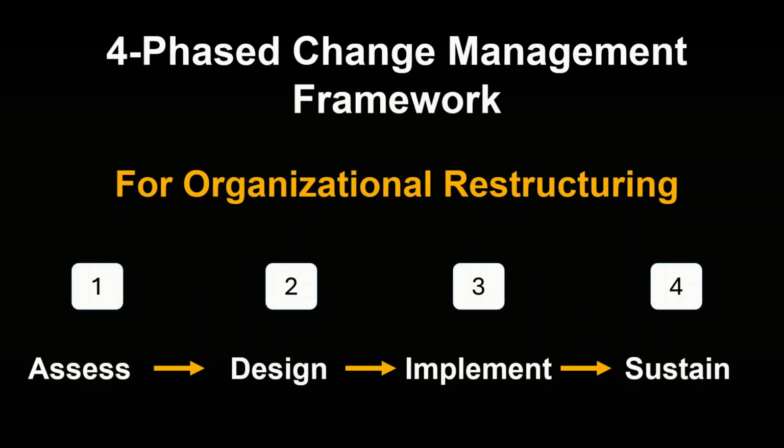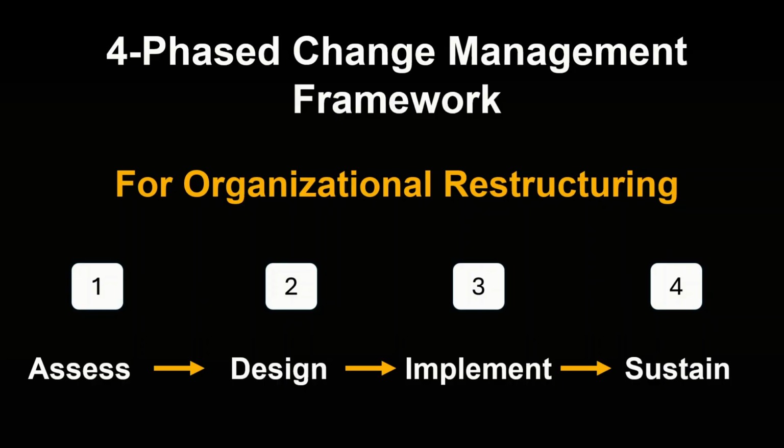Phase one of the four-phase change management framework for you to apply for your organizational restructuring is what we call the assess phase. The second phase is the design, where you design your change management deliverables and materials. And then phase three is where you implement your change management communications, your change management training, and other engagement activities to get impacted users to accept, embrace, and adopt the business restructuring.